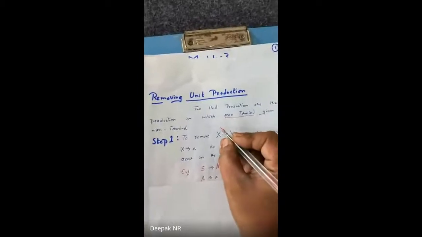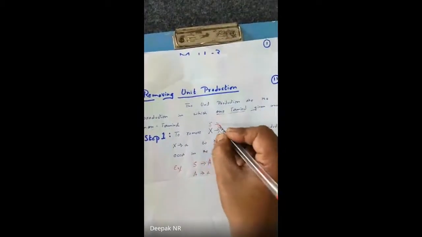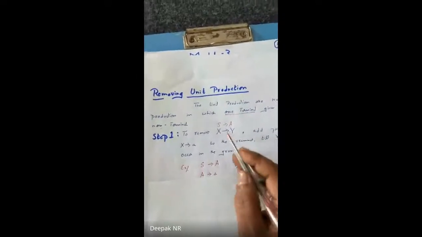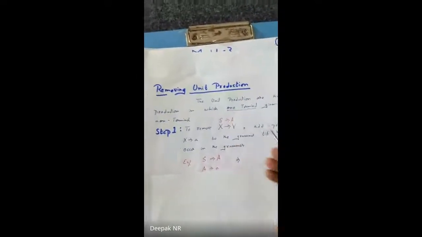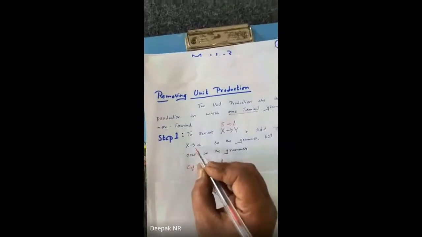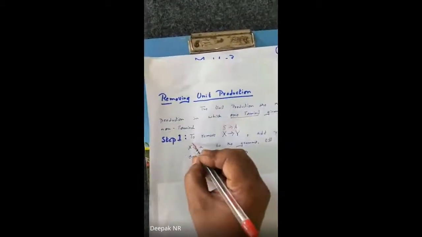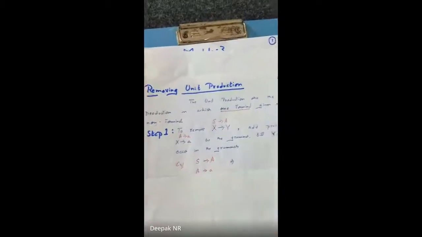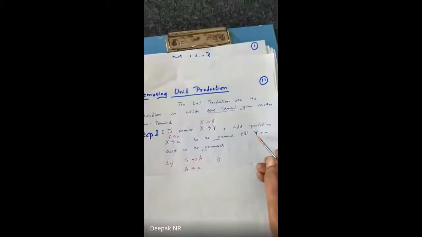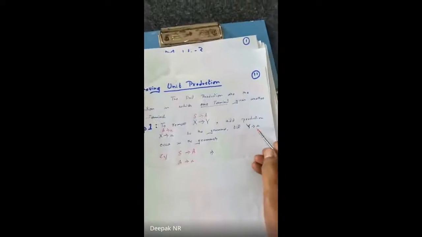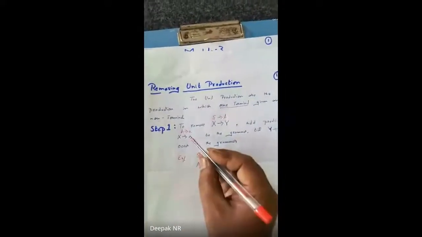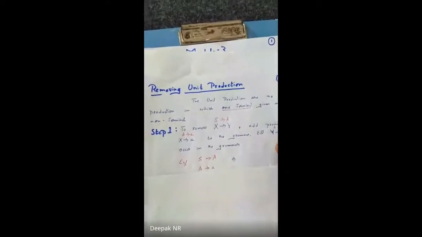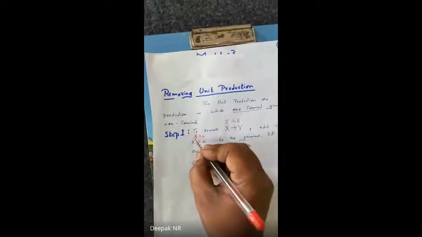S tends to A means, assume there is something called S tends to A. Add a production A tends to A to the grammar, till Y tends to A occurs in the grammar. Is that clear, guys?